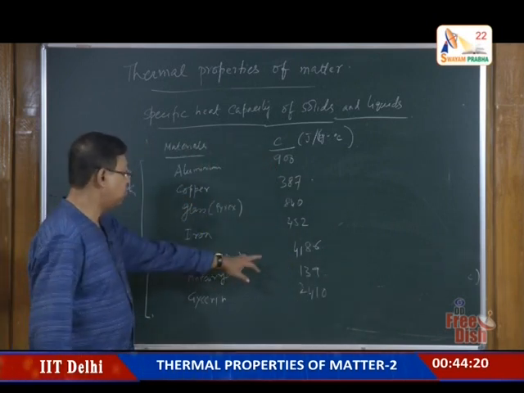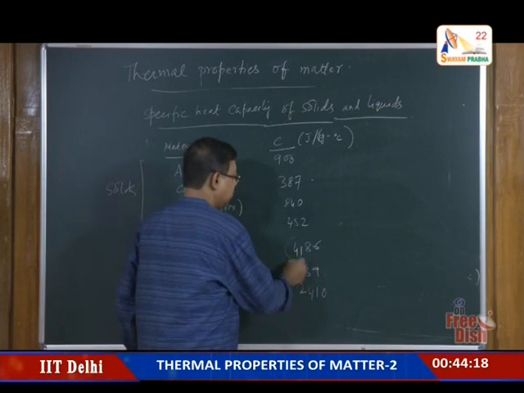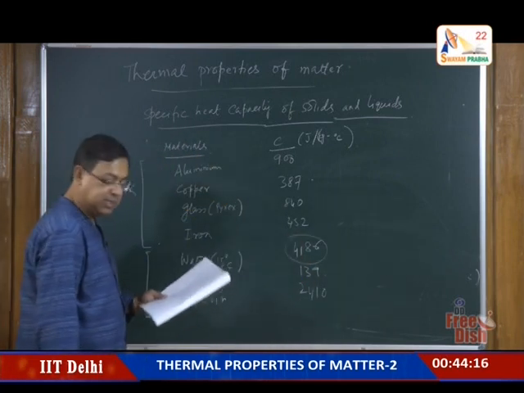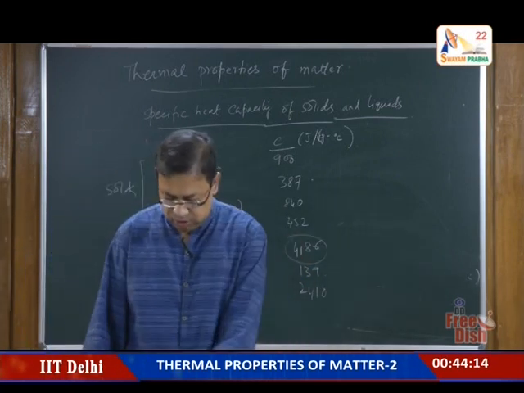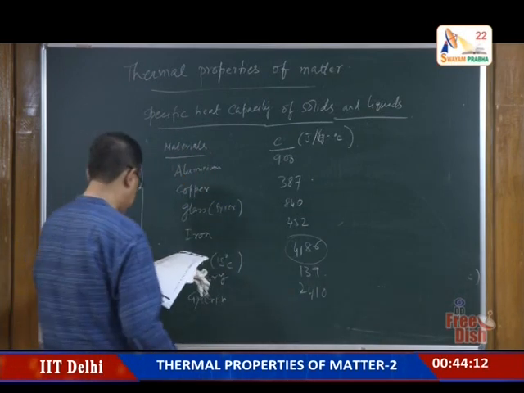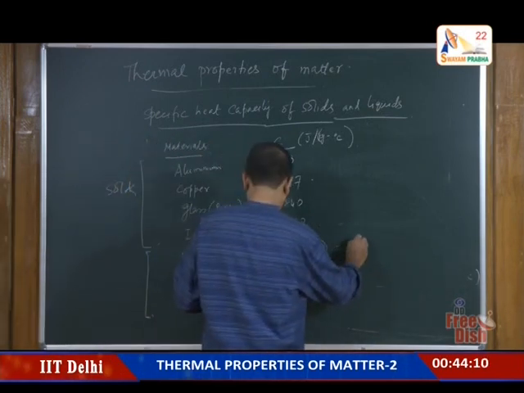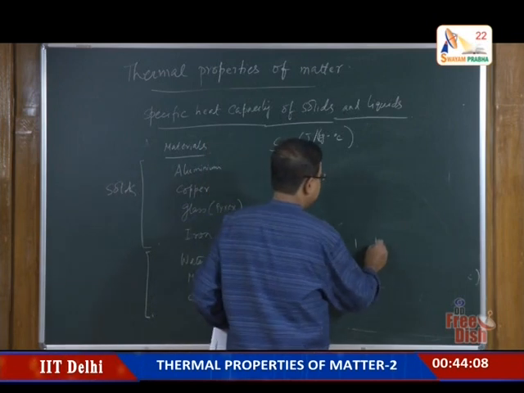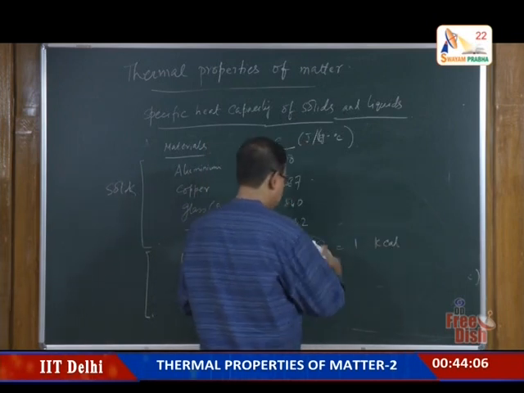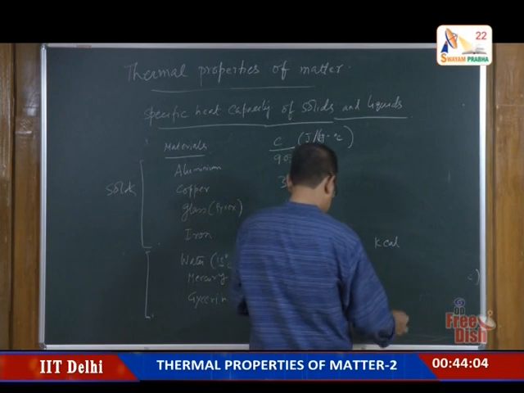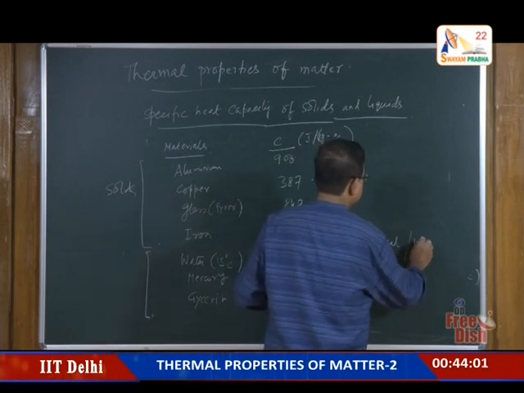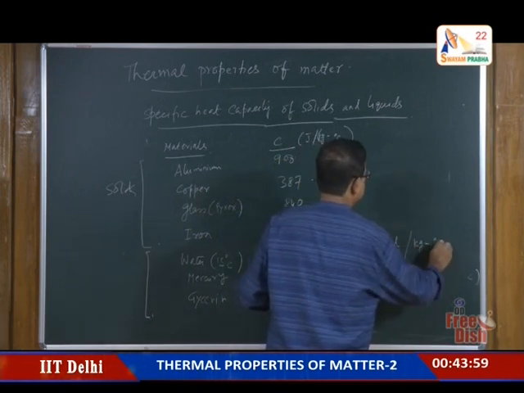Now this number might be confusing to you, and it is nothing but equal to 1 when you write it in terms of 1 kilocalorie per kg degree centigrade.